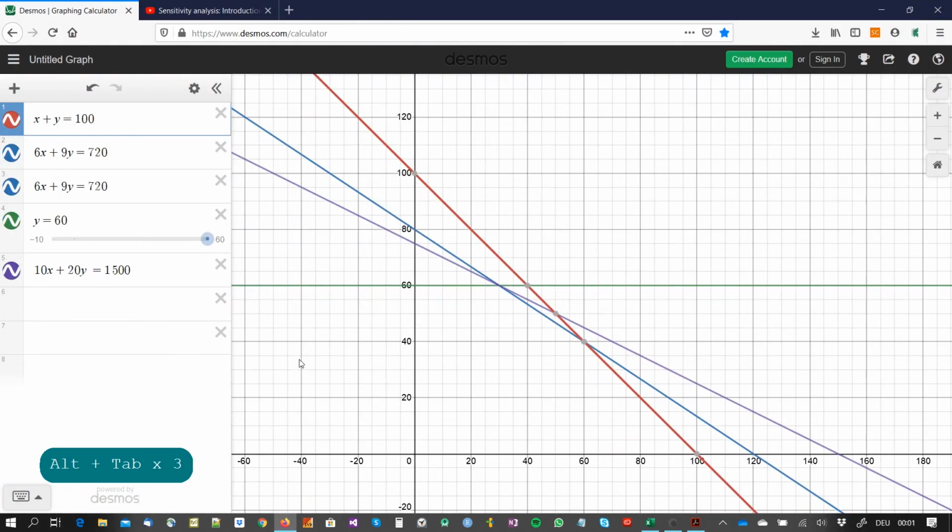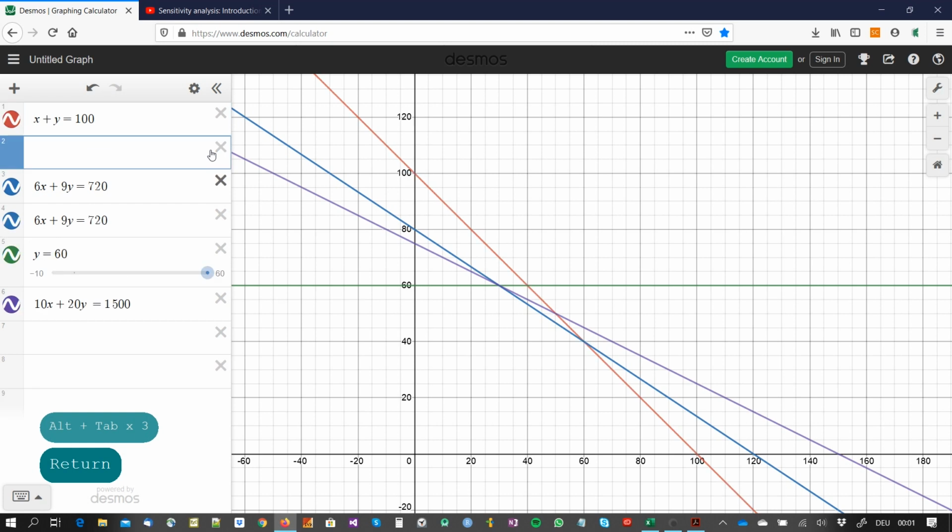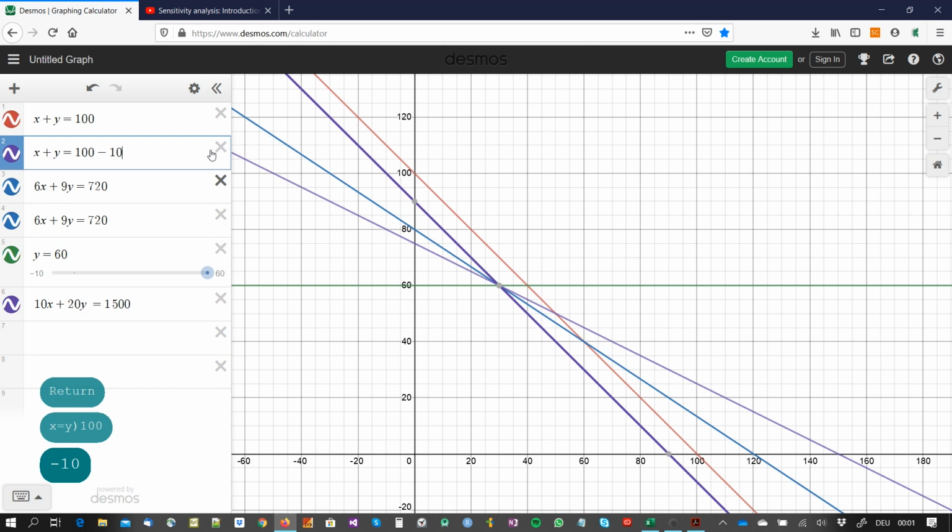If we look at the graphic, when we change the value for the first constraint by minus 10, we see that this constraint won't come close to the point of the optimal solution, so we would have a new intersection point for the optimal solution.